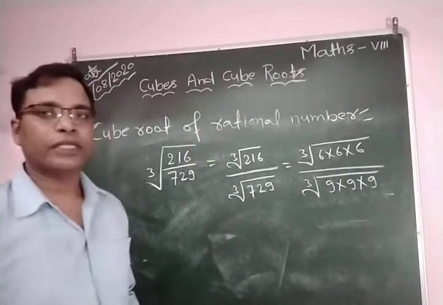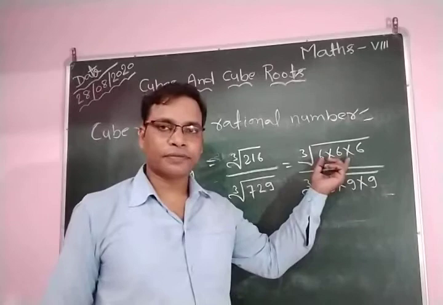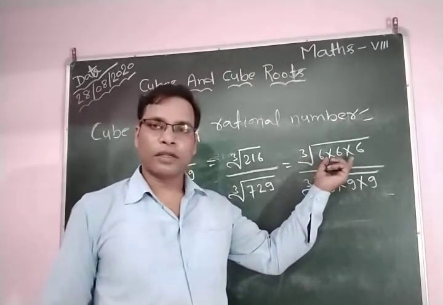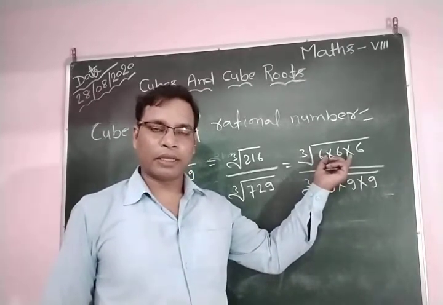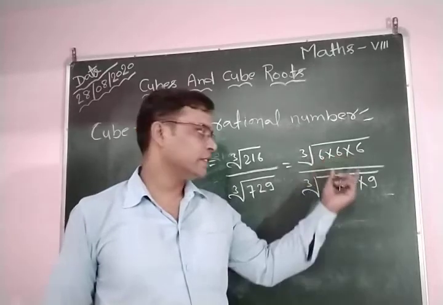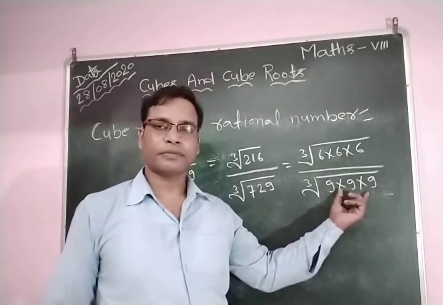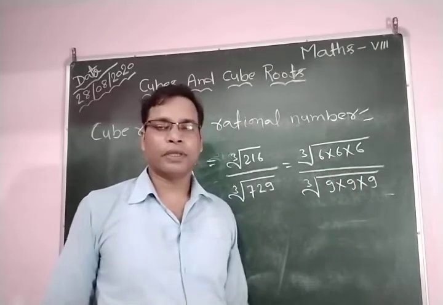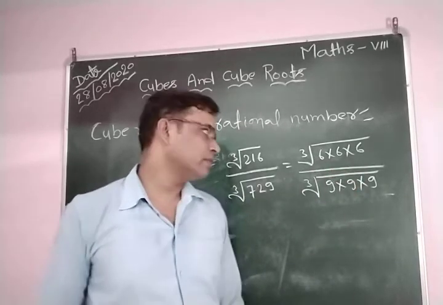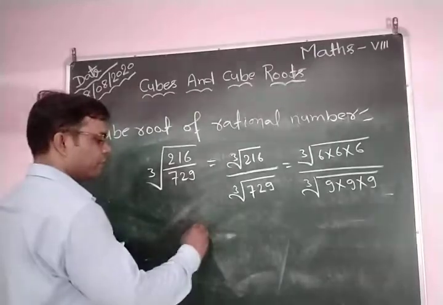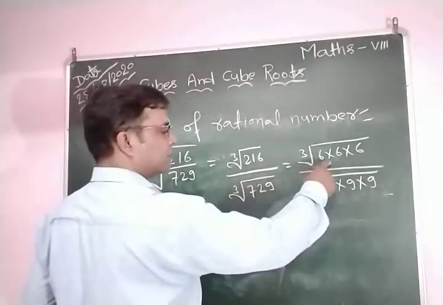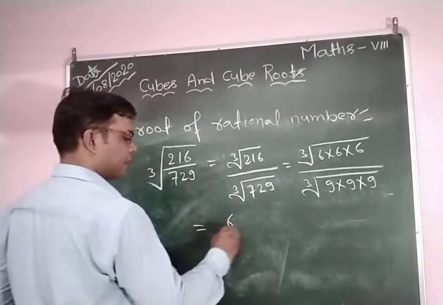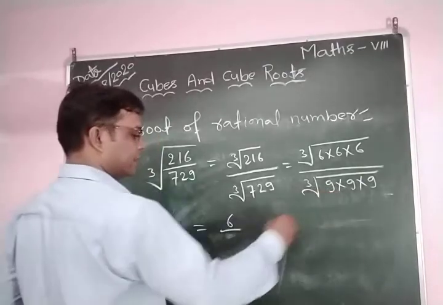Okay, so you can see here this is a group of triplet of 6, and this is a group of triplet of 9. So you can take one number from each group. This is equal to, we take 6 from here and 9 from here.